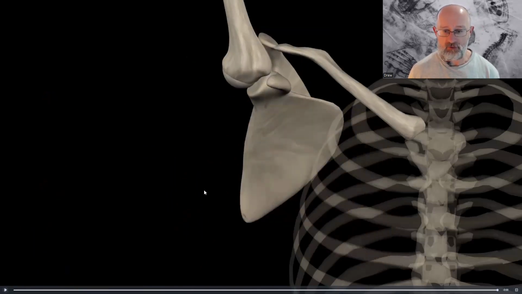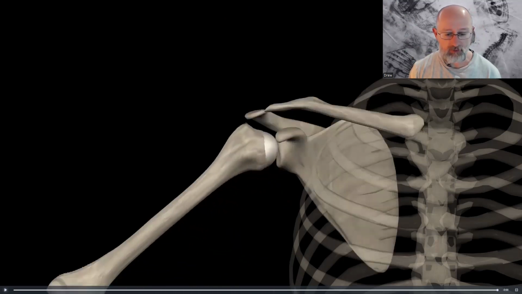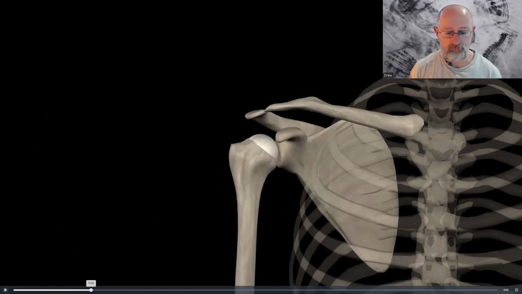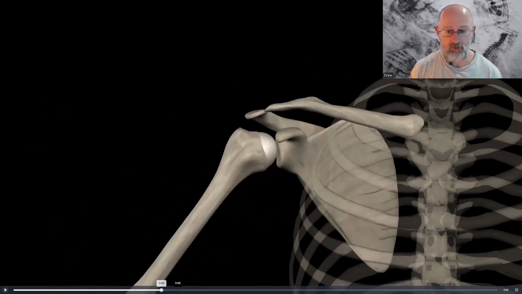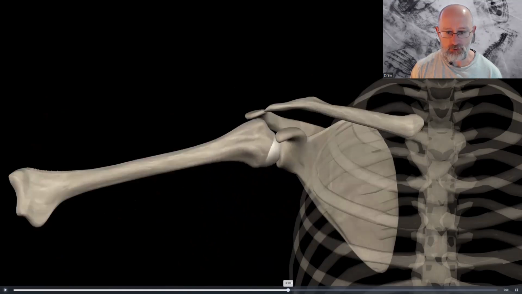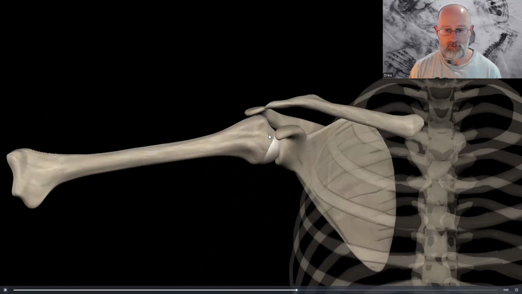This is shoulder abduction, when the arm comes out to the side. This is essentially where the arm is almost parallel to the ground, usually around 90 degrees of shoulder abduction.